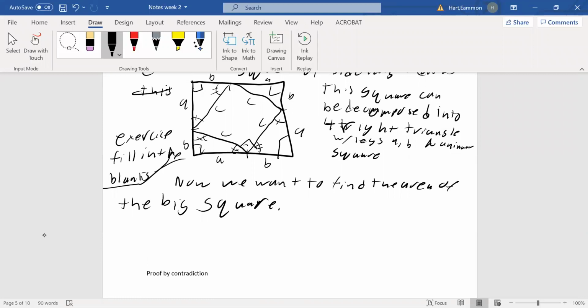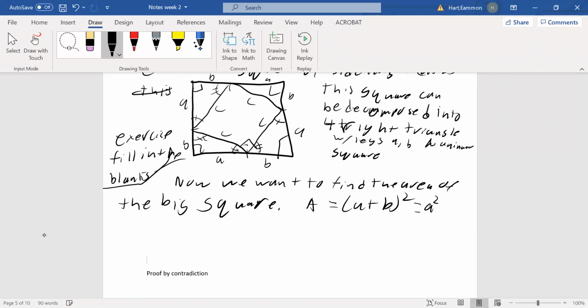Find the area of that big square. Now, the most basic method is we know that the length of each side is a plus b. So the area will be equal to a plus b squared.